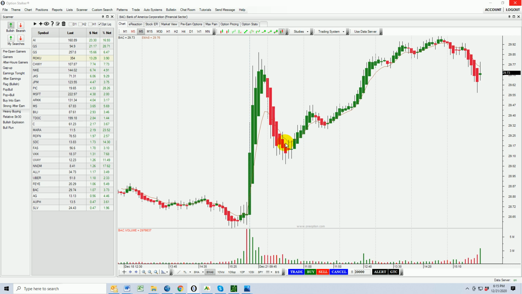So you get your flat red top here, you get a doji, then you get your flat bottom. And I can add another search. If we find that we're missing a lot of trades, I can change any of the searches that I have. We can work on different patterns that we really like to find.